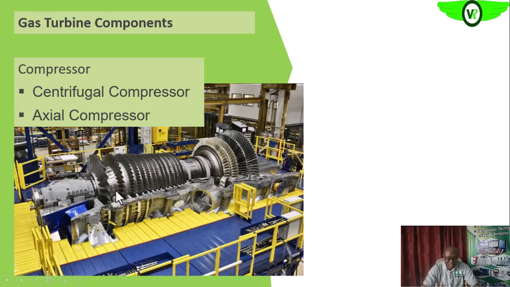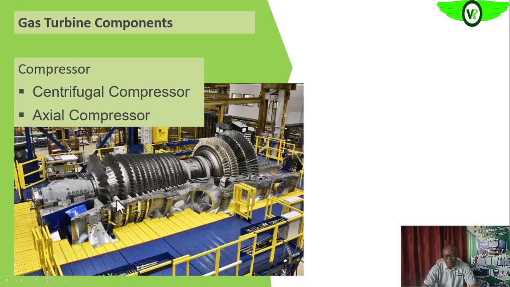So the principle is the same. This rotor blade, since it is turning, will add velocity. It will increase the velocity of the incoming air molecule. Then as it is accelerated towards the stationary blade, it is momentarily stopped, and Bernoulli's principle applied here again will convert that reduction in velocity to increase in pressure.